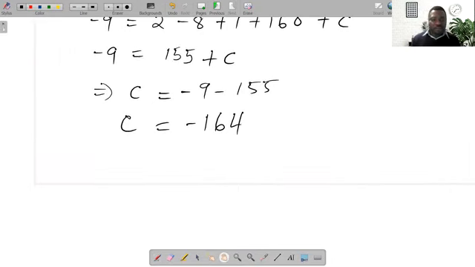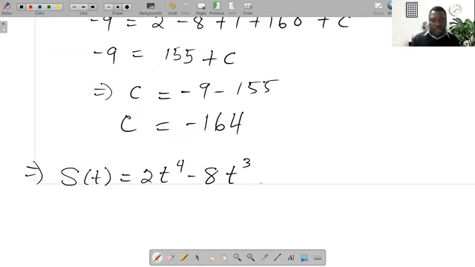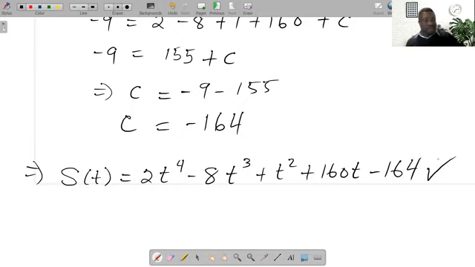So finally, I will have my function that I'm looking for, the position function S of t will be equal to 2t to the 4th minus 8t cubed plus t squared plus 160t, and then my constant is -164, and that will give you your answer.